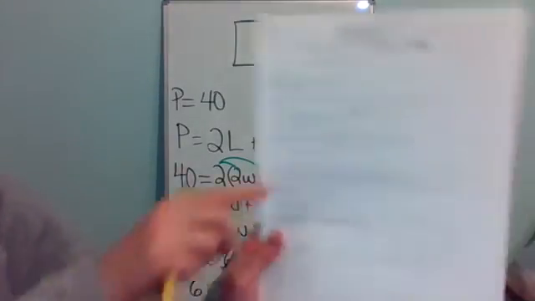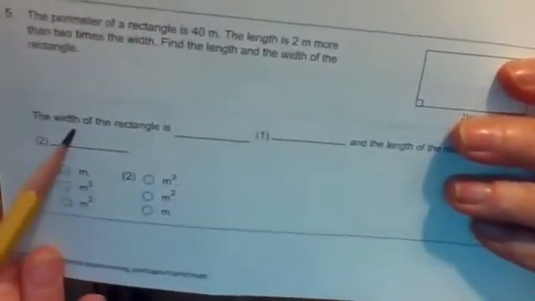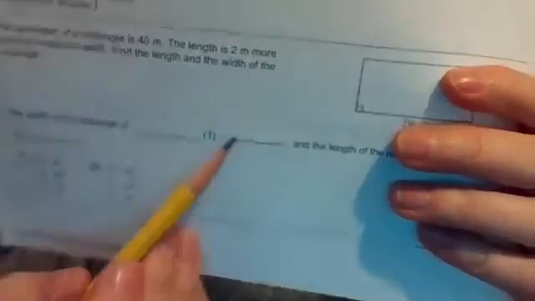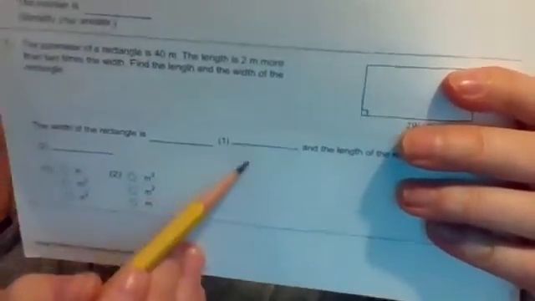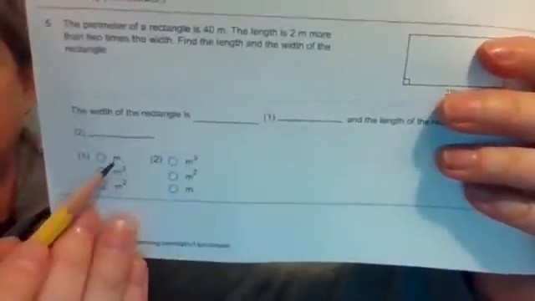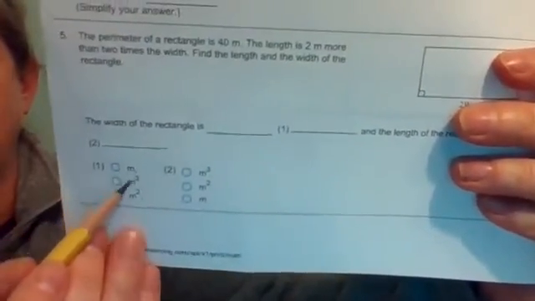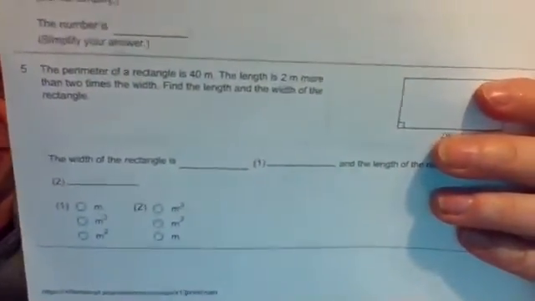Now, also what you're going to have to remember on this one, you would put the width of the rectangle is, that's where you would put your 6. And then right after that, it's going to give you a little drop down thing to choose from, which will have these options. It's always just going to be m. It's not ever going to be m to the second or m to the third.